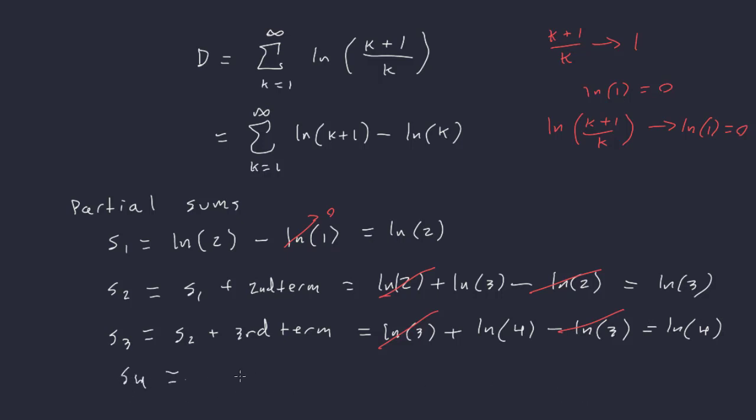Then S4 will be S3 plus the fourth term, and I'm sure by now you can start seeing a pattern brewing. We got ln 4 for S3. Then we'll add in the fourth term, so our k is 4, so that'll be ln 5 minus ln 4. And we'll get ln 5.